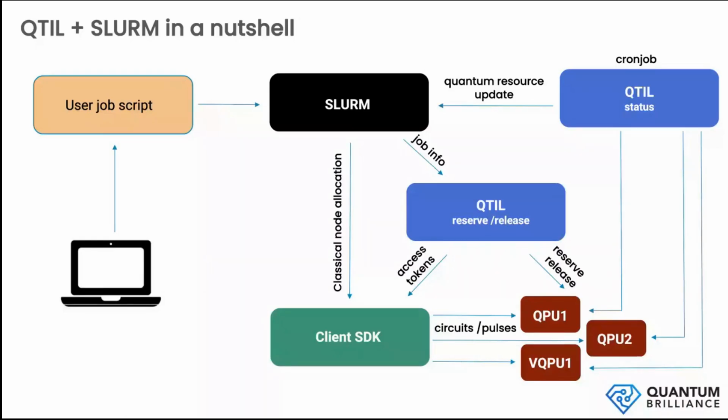If you add a flag to your sbatch submission, then you are able to send parameters of your quantum computer to Slurm, and that's what I call here the job information, because the Lua plugin will process those variables and convert them into Slurm environment variables that will afterwards be understood by Qtl.